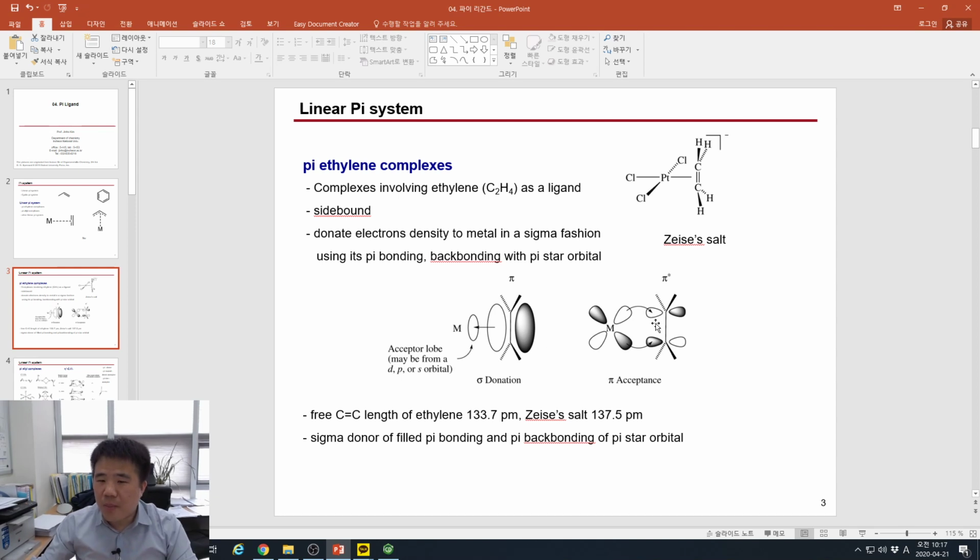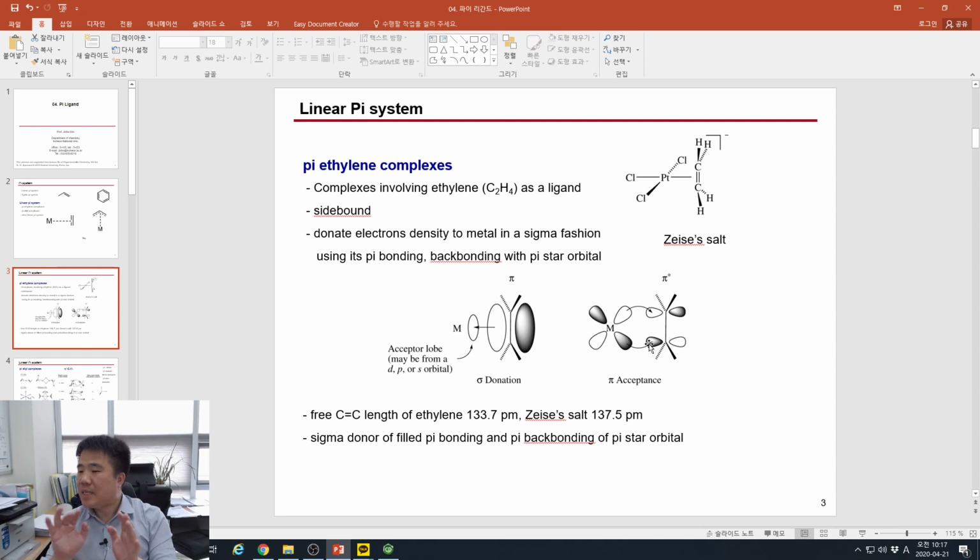But if you think about the pi star orbital, it should be like this, because the pi star orbital is the antibond of the 2p orbital, and the transition metal has a d orbital like this. So this empty pi star orbital can receive the electron from the transition metal like this.